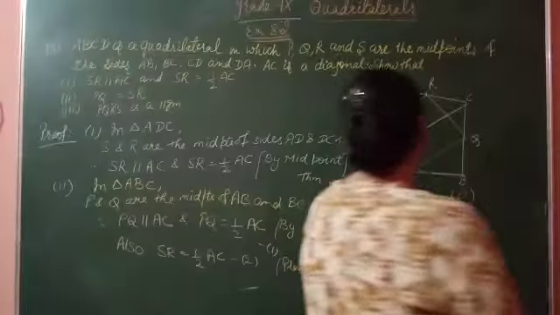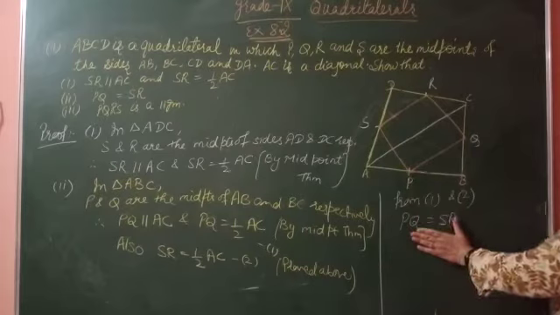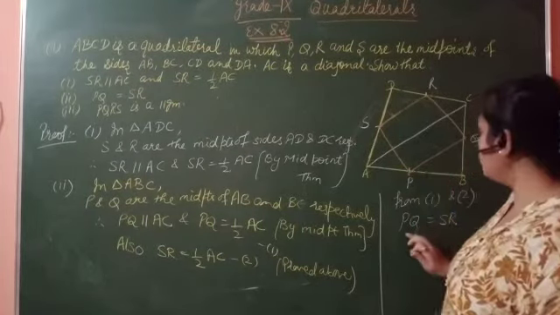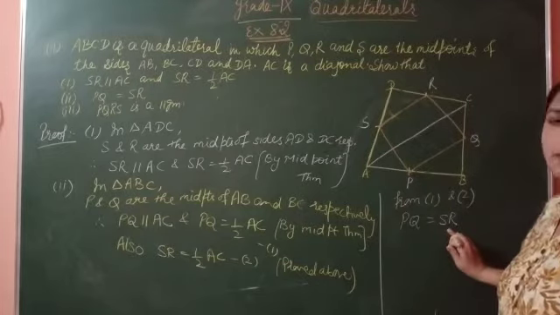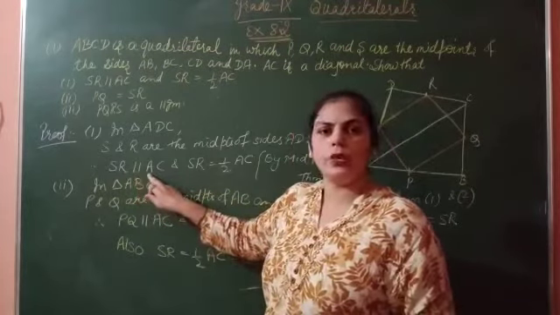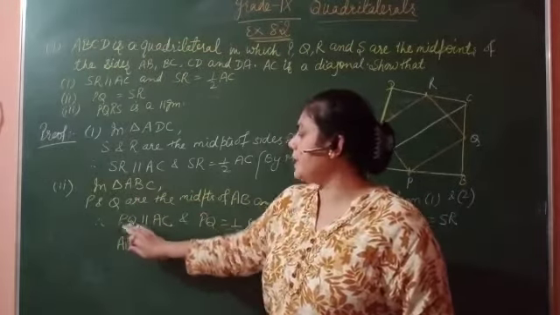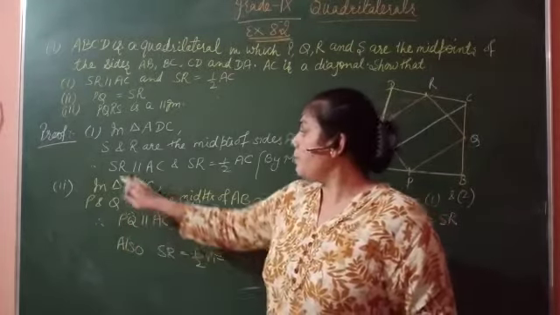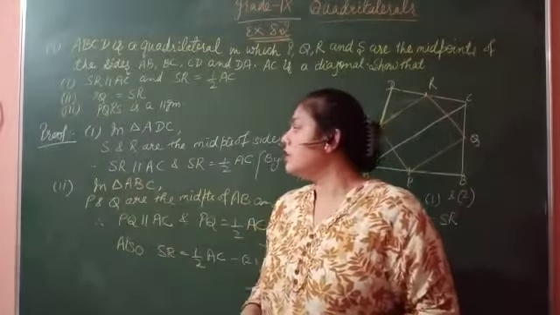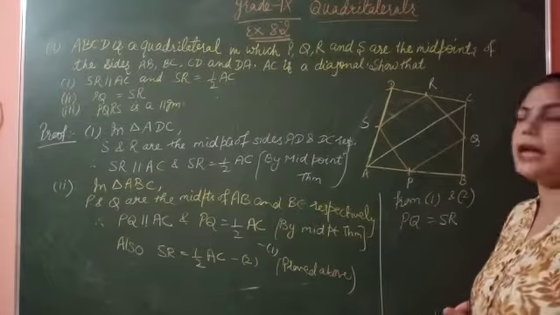Here we showed that PQ is equal to SR in the second part, and now we only have to show that these lines are parallel. In the first part we showed that SR is parallel to AC, and in the second part we showed that PQ is parallel to AC. So both are parallel to AC, which means they are also parallel to each other. So these are parallel and also equal, so this is a parallelogram.